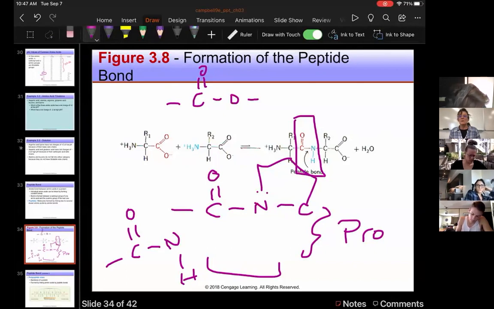Carbonyl is C double bond O with an oxygen in the ring or in the middle of a group. That's an ester, and an amide is like an ester. It's just that the O gets replaced with an N. So peptide bonds are amides.